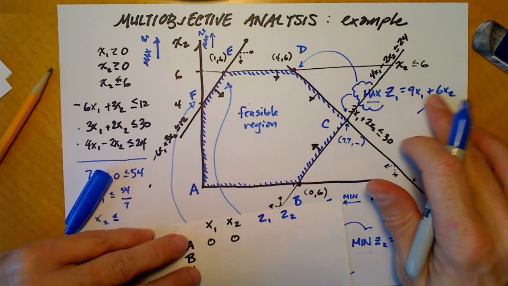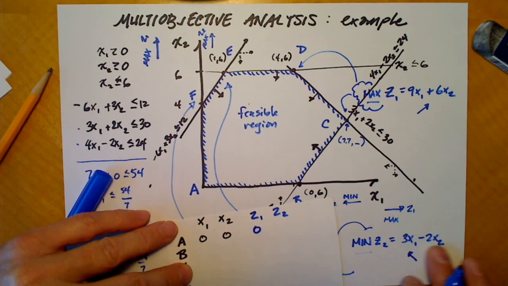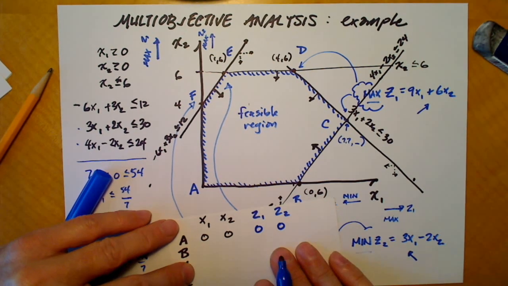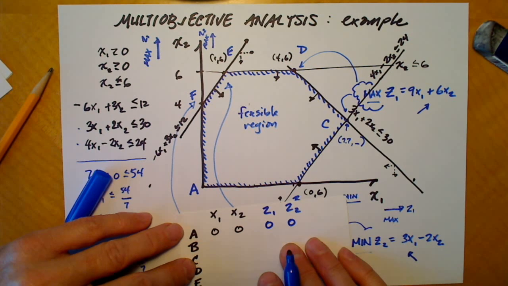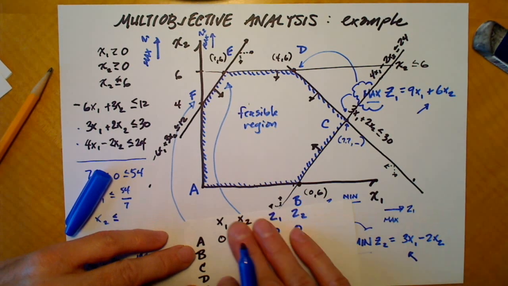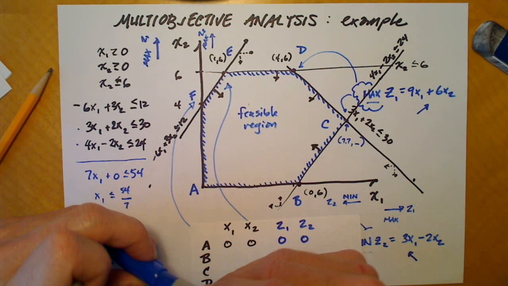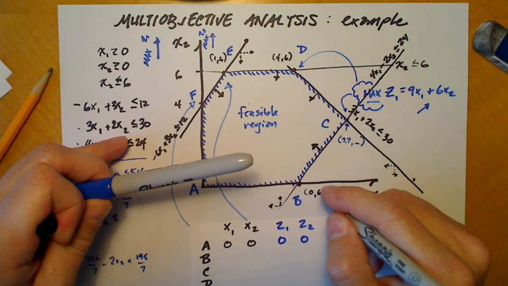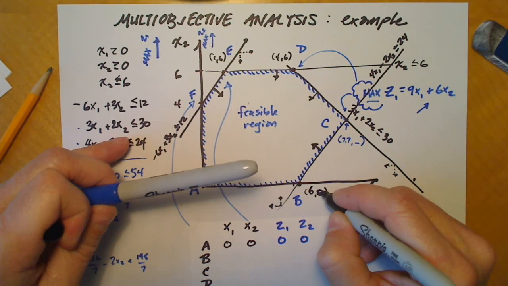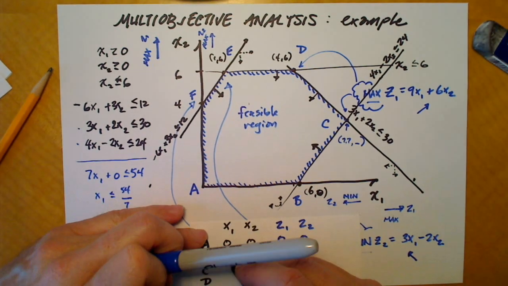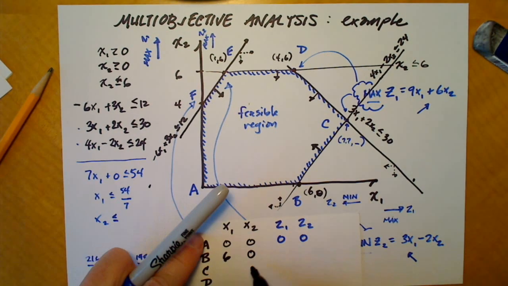For Z1, 0. For Z2, 0. A is a piece of cake. Now let's do B. B was, I wrote this incorrectly. B is x1 equal to 6 and x2 equal to 0.